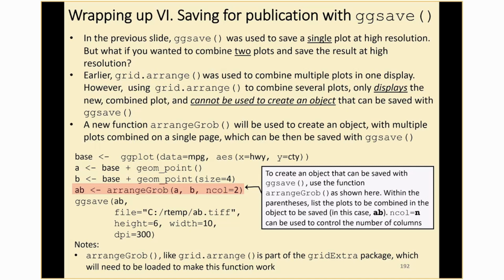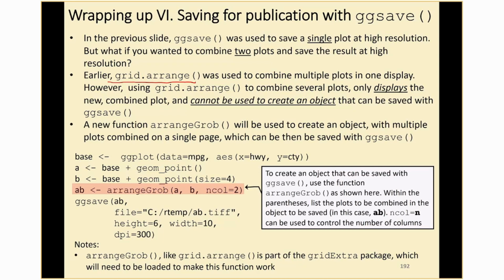So what we just went over was using ggSave if we wanted to save a single plot. What happens if we've got two plots? We want to combine them into one plot in a way that can then be saved with ggSave. Now, earlier on, we saw grid arrange, and that enabled us to combine two plots into one. And it worked really well for our markdown.